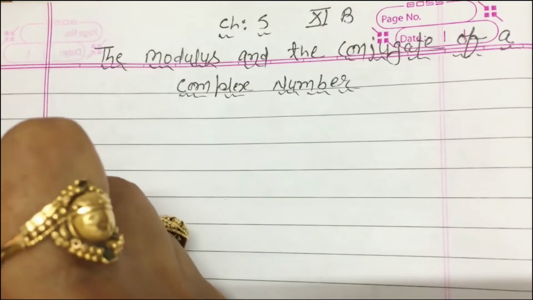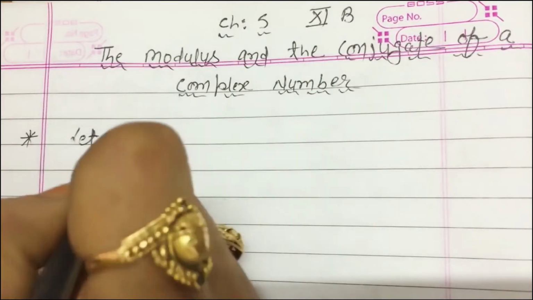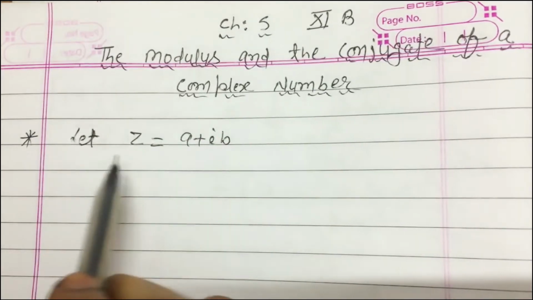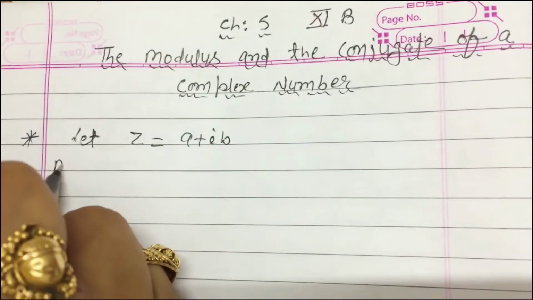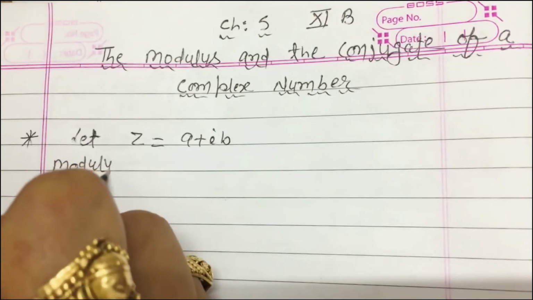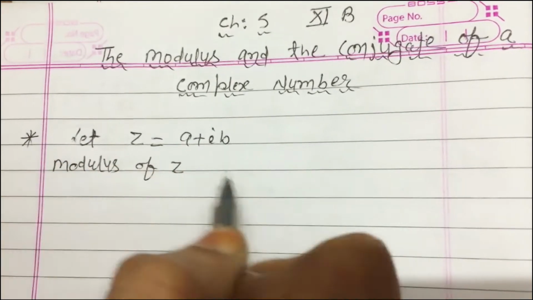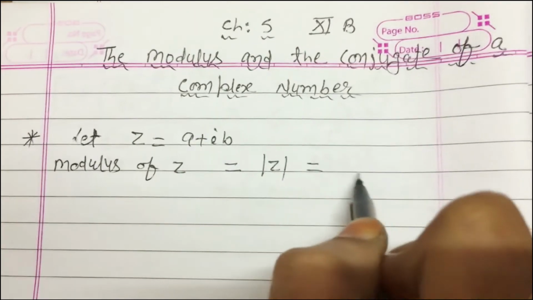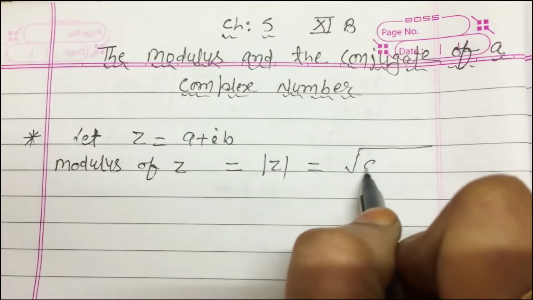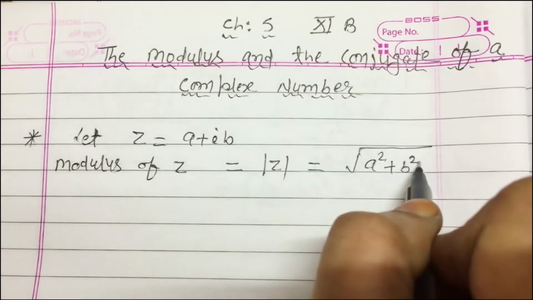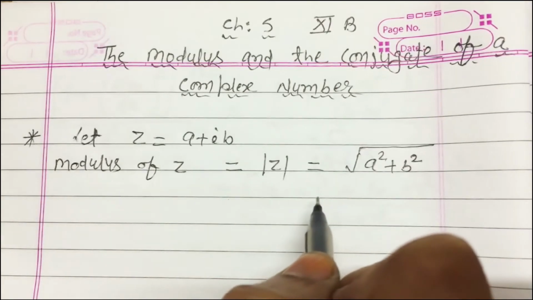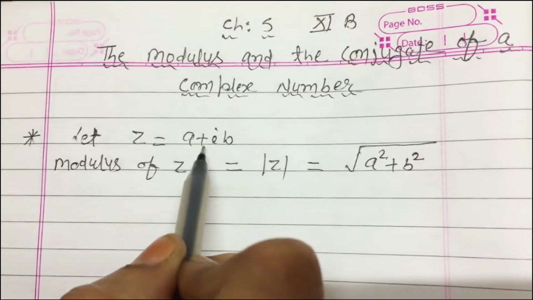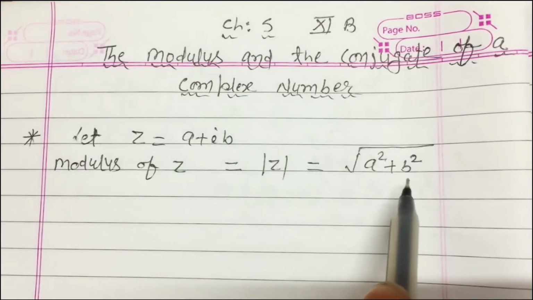Let z equal a plus ib be a complex number, then modulus of z is denoted by mod of z and it is the square root of a squared plus b squared. Very simple students: only the square of the real part plus the square of the imaginary part.